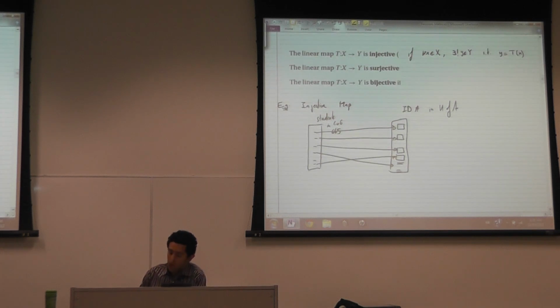Injective is also called one-to-one. The surjective function, also called onto, means that for every point in y, I will find at least one x such that T of x equals y.